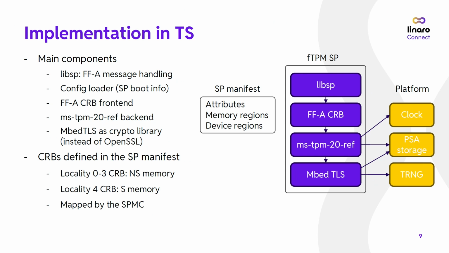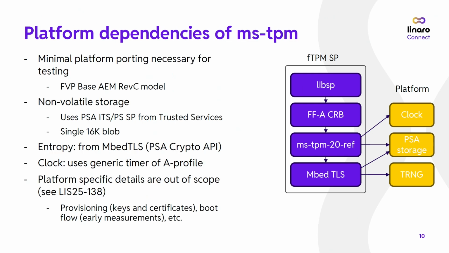The contents of the CRB, so the incoming TPM commands, are then passed to the MsTPM backend, where I have replaced the default OpenSSL with MbedTLS, but this is only for where it requires an external crypto library, so for hashing, symmetric crypto and bignum operations. Regarding platform dependencies, I have implemented only the minimal necessary platform porting to be able to test on the FVP base model.